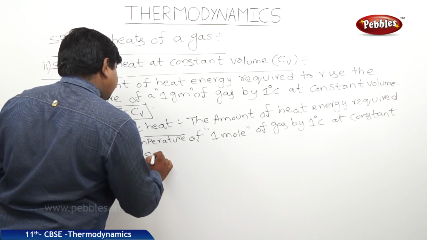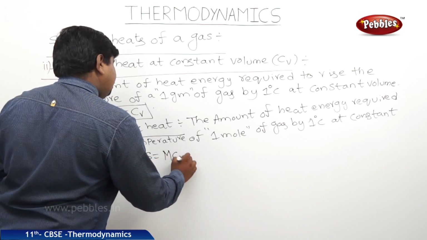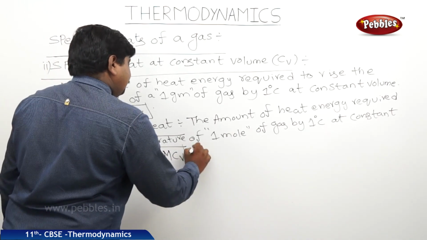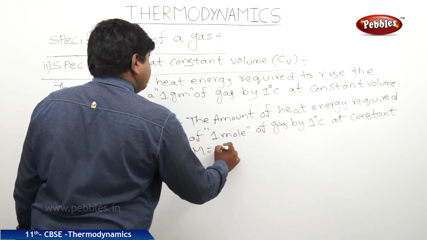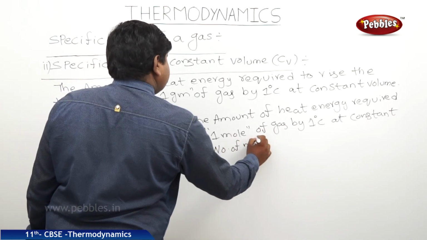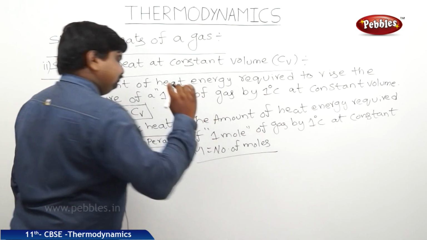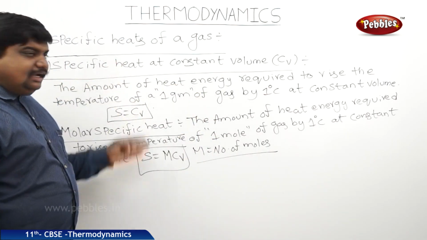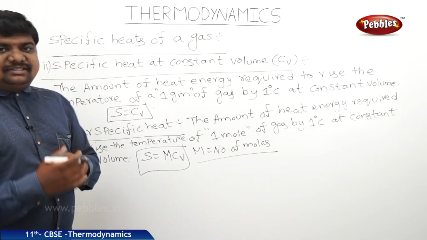So, it is represented by S is equal to M into Cv, where M is equal to the number of moles. Like this, we can define the different categories of specific heats of a gas.